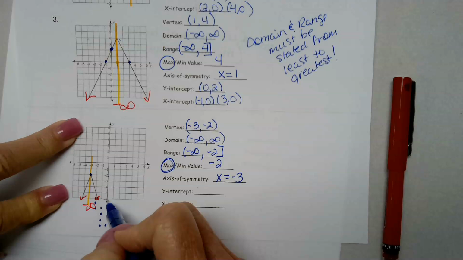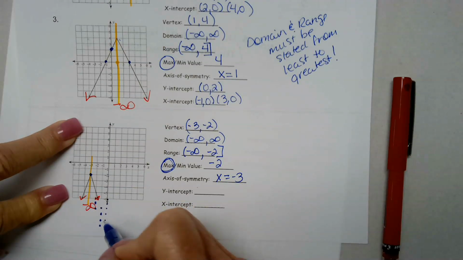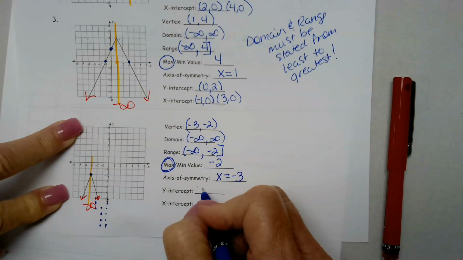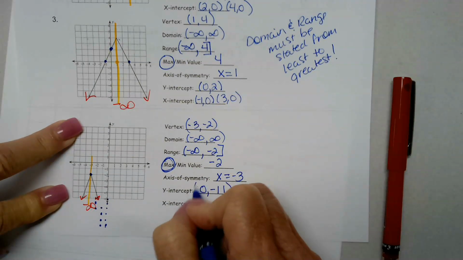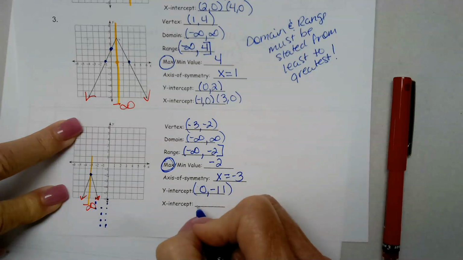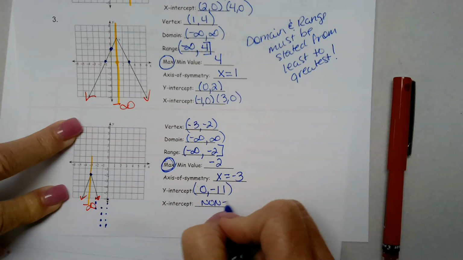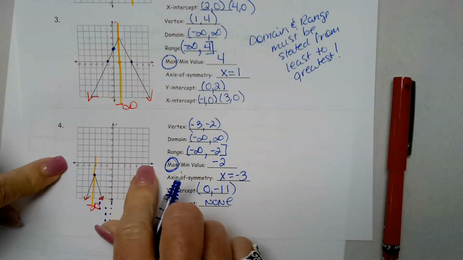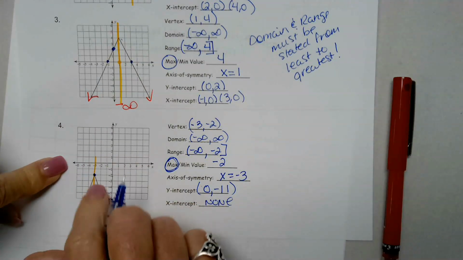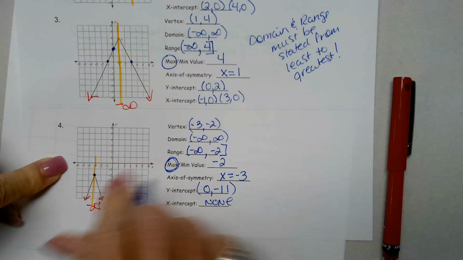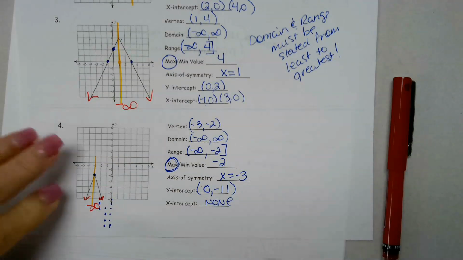So if this is -6, this is -7, -8, -9, -10, -11. So we are going to cross the y-axis at -11. And our x-intercept, there is none. We will never cross the x-axis because it's been reflected and it's shifted down below it.